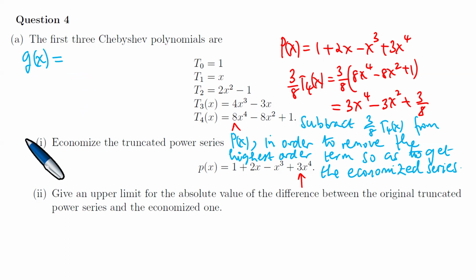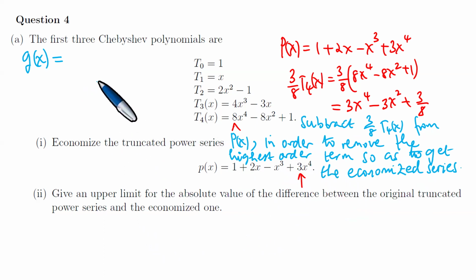So now we are able to obtain the economized series, and we learn what it is to economize a series: to find the economized power series, it is to truncate. Therefore, to economize, we subtract 3 out of 8 T4 of x from P of x in order to remove the highest order term so as to get the economized series.